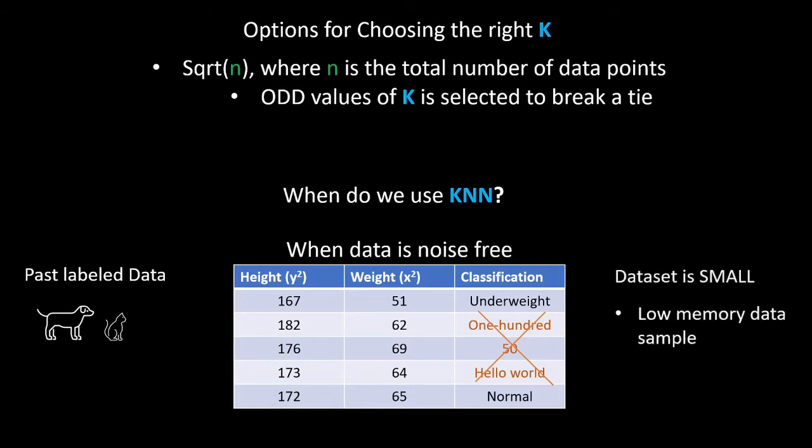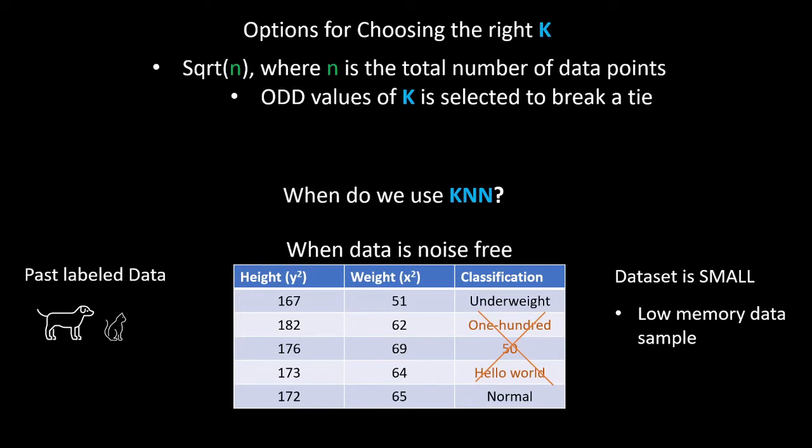And then really the last condition is that we're not going to have a gigantic data set. When our data set is relatively small, anything maybe under a gigabyte of data, this is an appropriate thing.